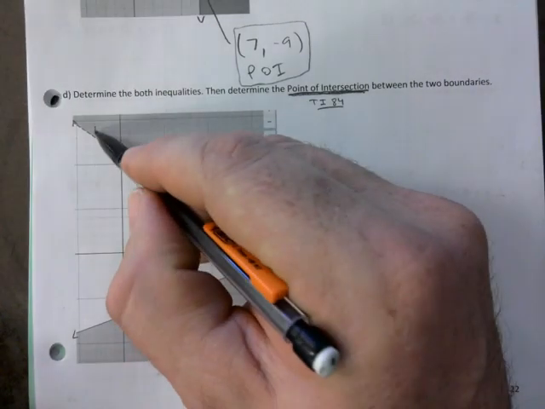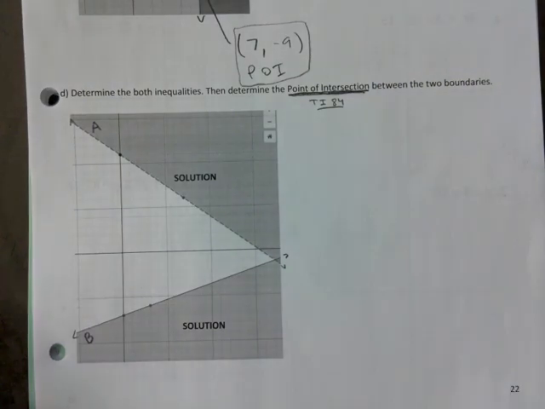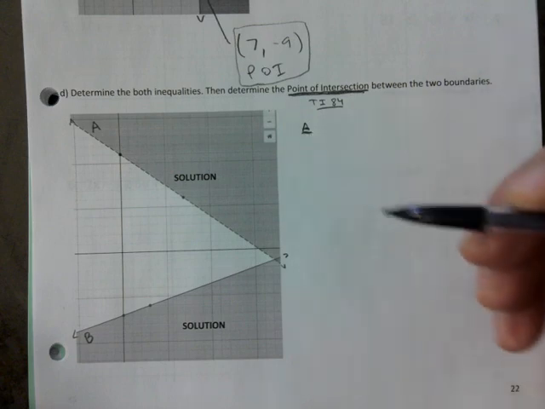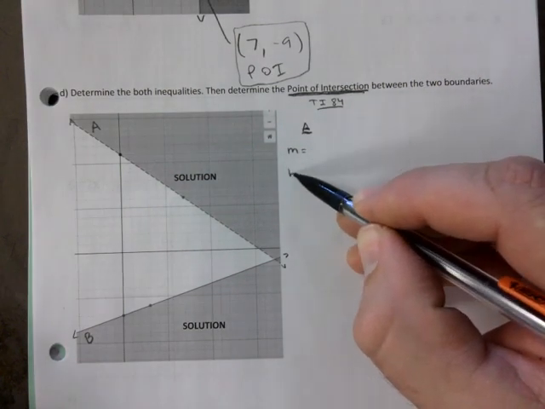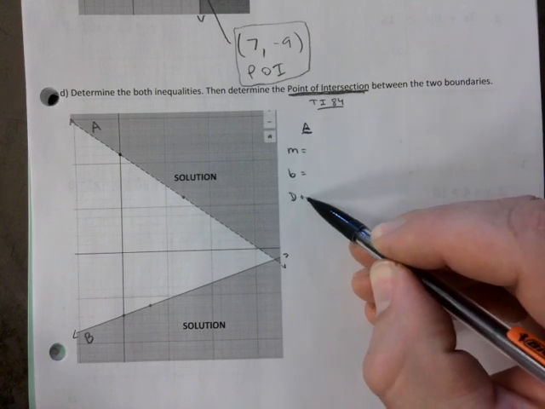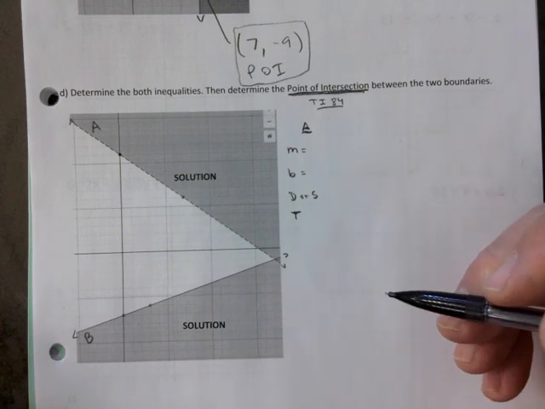Let's call this line A, and this would be line B, right? So to keep them different. For that first one, we're going to figure out the slope, the intercept, if it's dashed or solid, and where the true region lies.